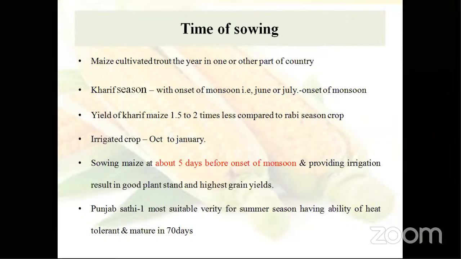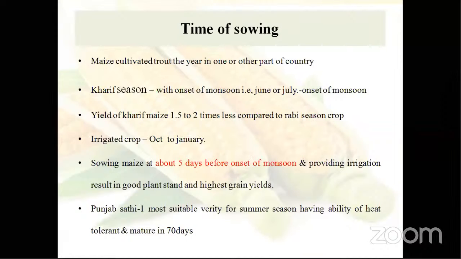If monsoon is delayed, then sowing is delayed. We can't do anything. That's not in our hand; it is completely in the hands of nature. That is one of the main reasons for low productivity of maize in India, because almost 70% depends on rainfall.